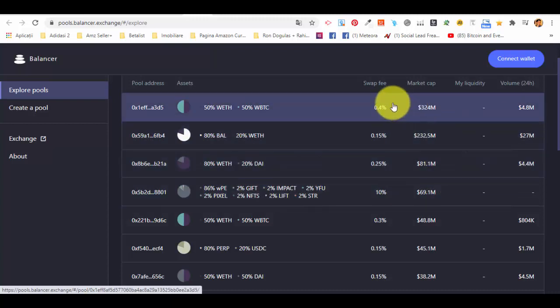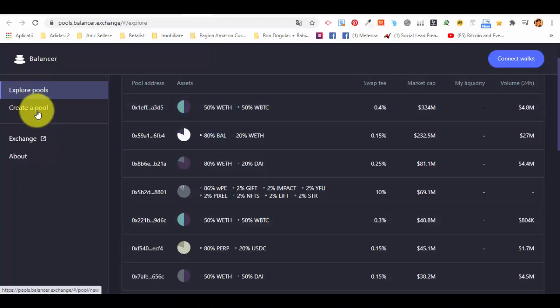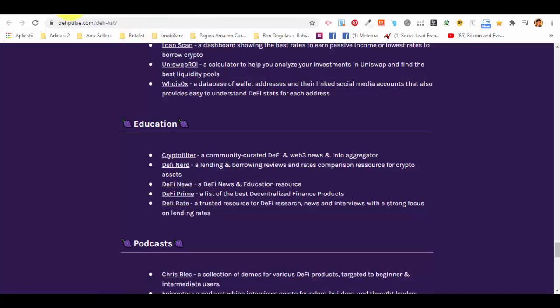In our opinion, the higher all of these indicators, the better. So this is how this works. You can also create your own pool, but this is a little bit more complicated, and you need other things for that as well. So just have a look at these.